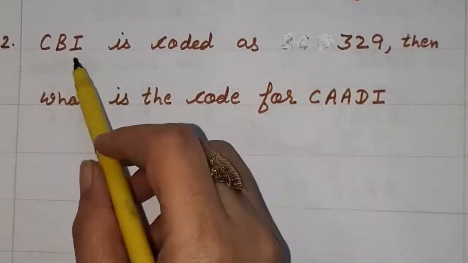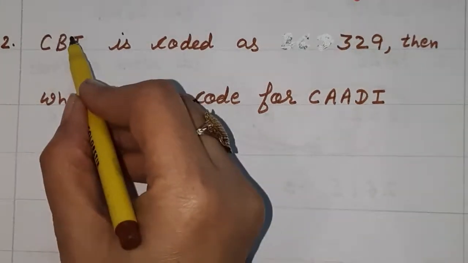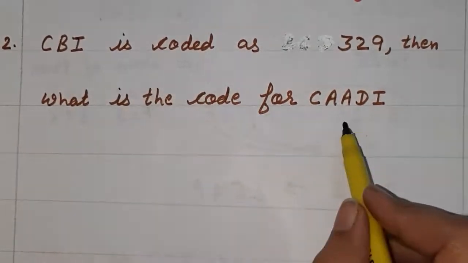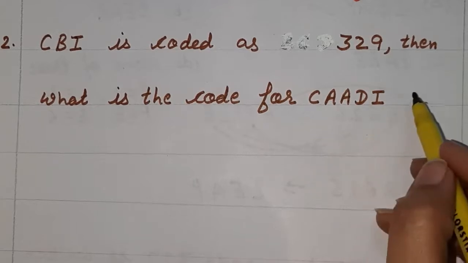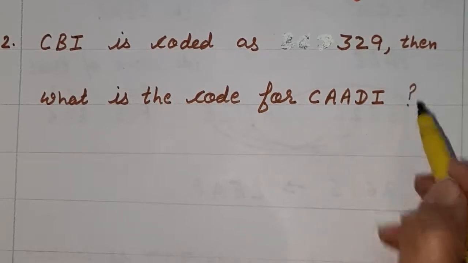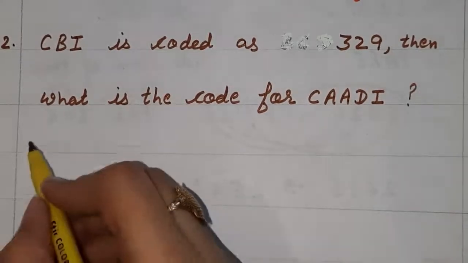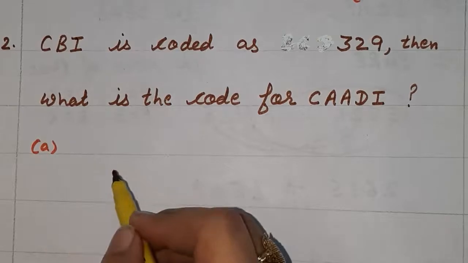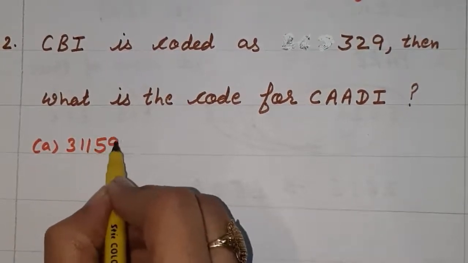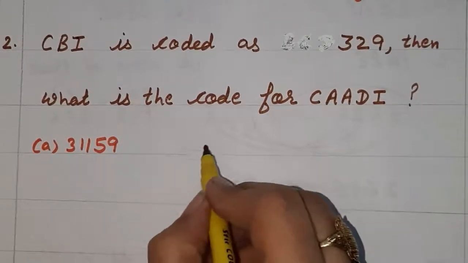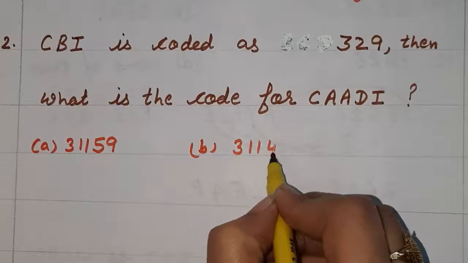B, how is it related to 2. I, how is it related to 9. And then write down the code for CAADI. And your options are: 31159, option A. Option B is 31149.